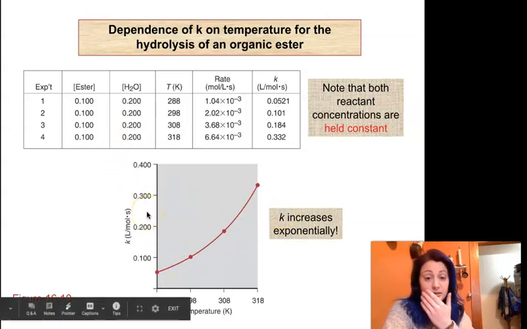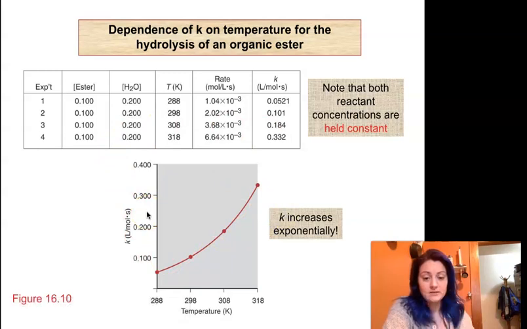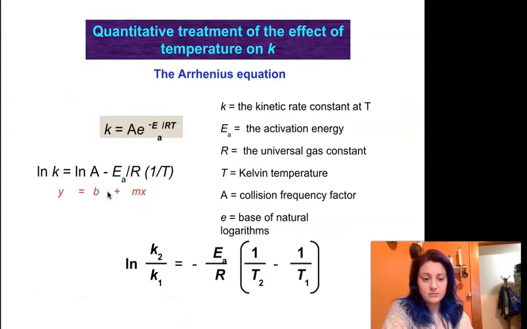So it's not linear, and K is dependent on temperature. This is the Arrhenius equation. This is how K is calculated.